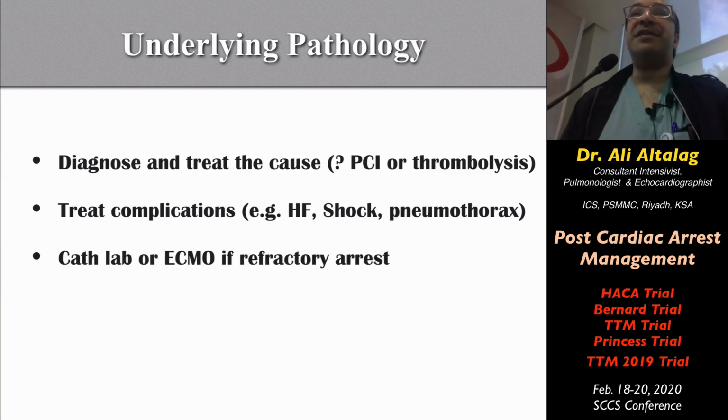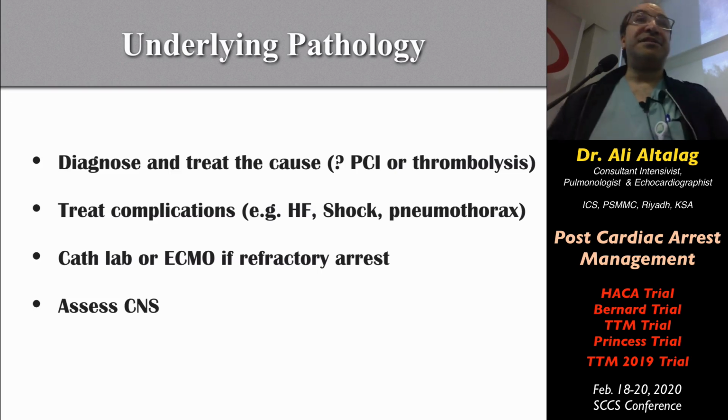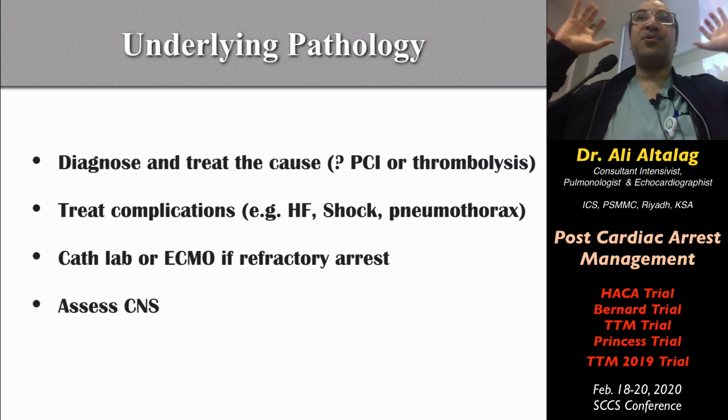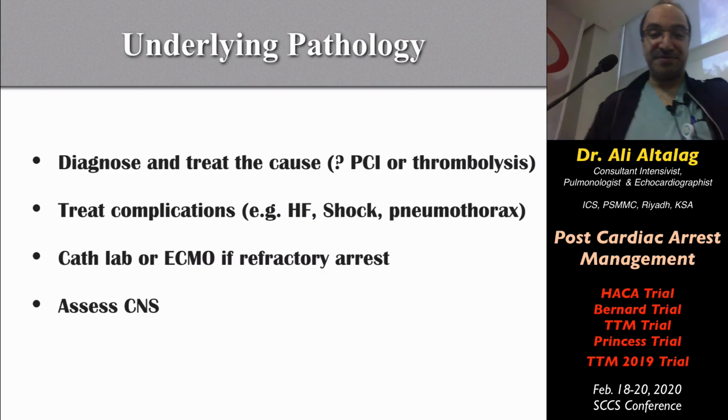Now, if your patient has persistent cardiac arrest, then consider cathing the patient, or more importantly nowadays, eCPR or VA ECMO. Now, the CNS, the computer, is the most important. If the brain is not functioning, whatever you're doing is probably not very useful.